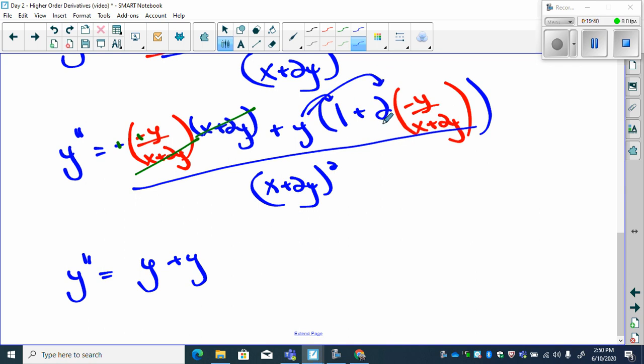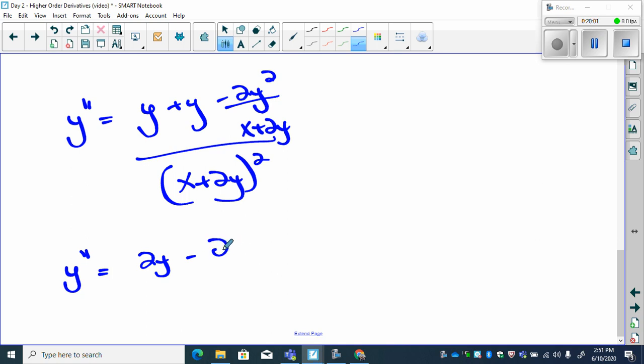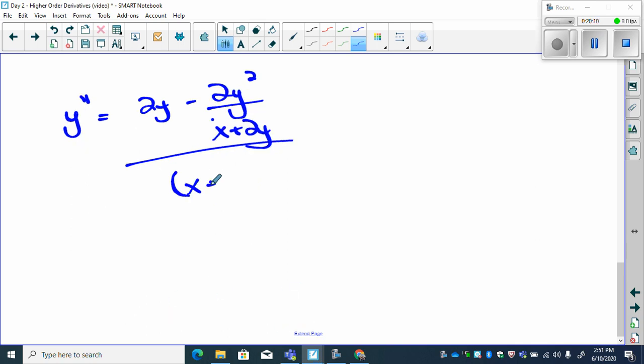This would give me a negative 2y squared over x plus 2y. And all of this is over x plus 2y squared. So I end up with y double prime equal to 2y minus 2y squared over x plus 2y. And this is all divided by x plus 2y to the power of 2.